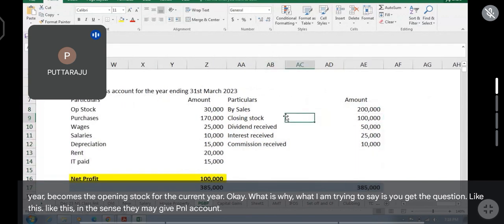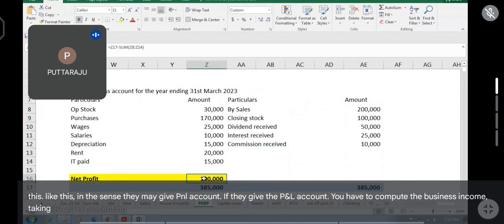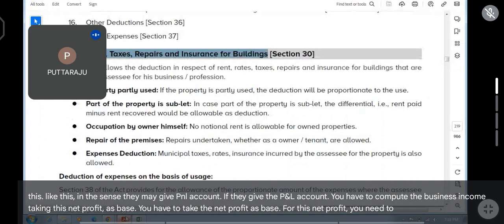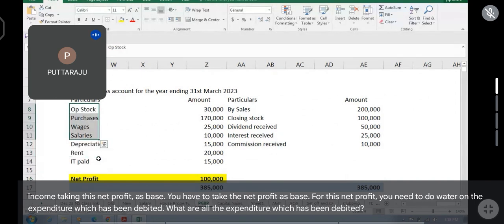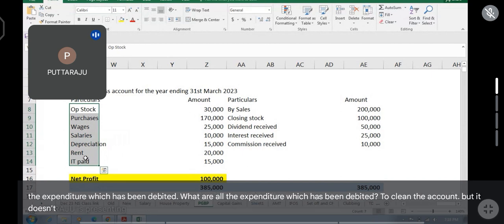Then you have to compute the business income taking this net profit as the base. You need to look at what expenditure has been debited to the P&L account but does not pertain to the business. You need to add it back.